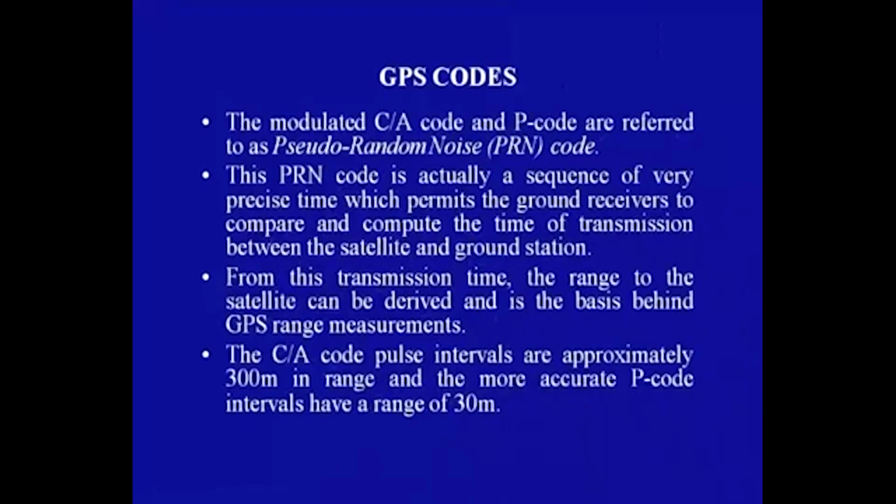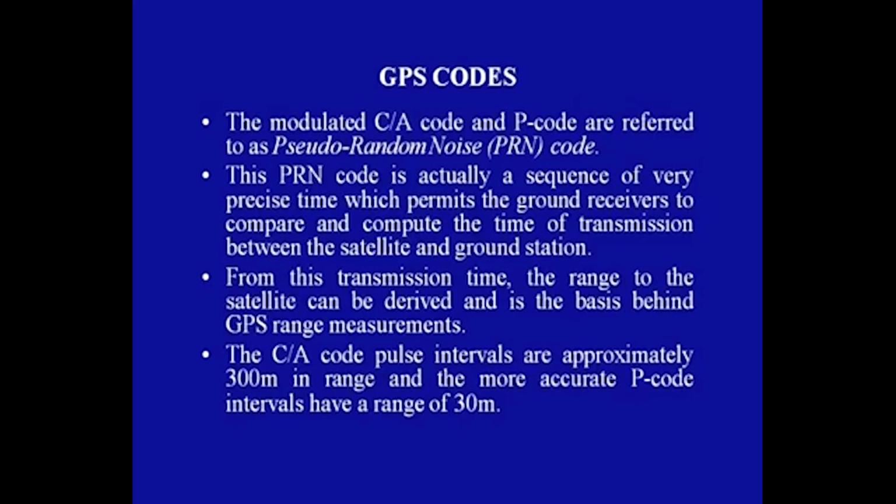The modulated CA code and the P code are referred to as pseudo random noise, or PRN code. This PRN code is actually a sequence of very precise time which lets the ground receivers compare and compute the time of transmission between the satellite and the ground station. From this transmission time, the range to the satellite can be derived and is the basis behind the GPS range measurements.